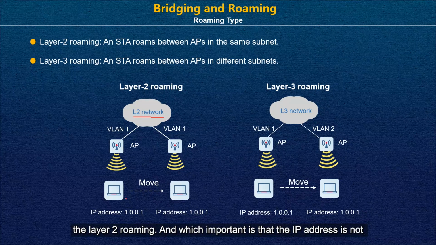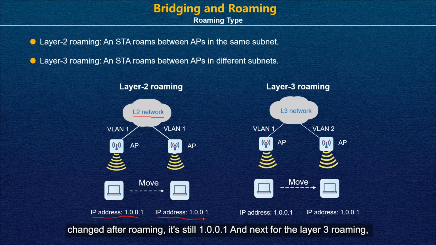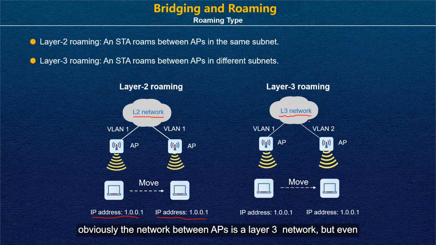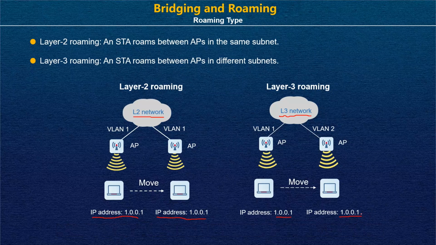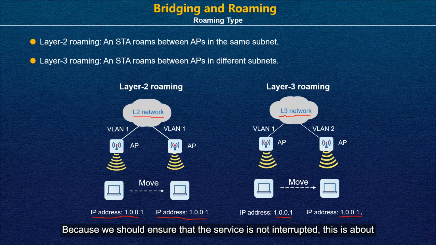And what's important is that the IP address is not changed after roaming. It's still 1.0.0.1. And next, for layer 3 roaming, obviously, the network between APs is a layer 3 network. But even in layer 3 roaming, you can still find the IP address unchanged after roaming, because we should ensure that the service is not interrupted. This is about the roaming type.